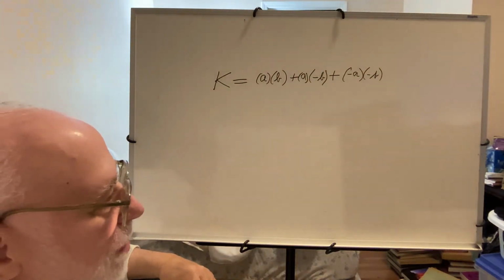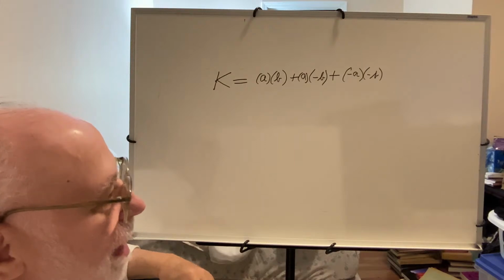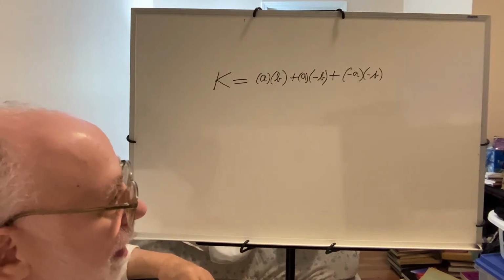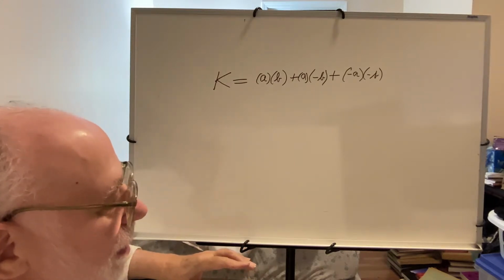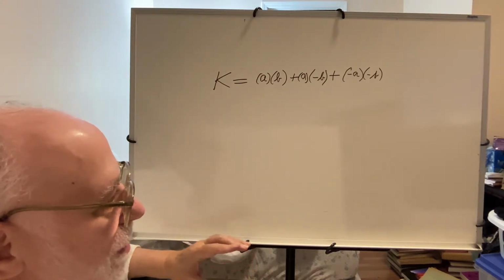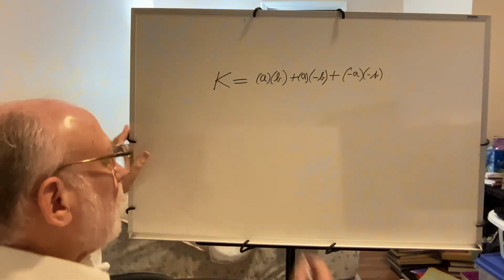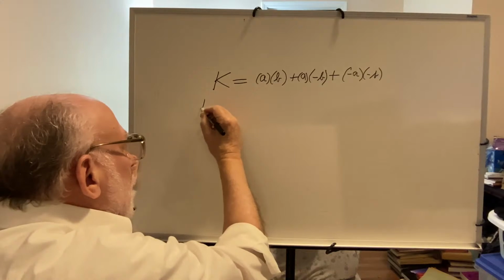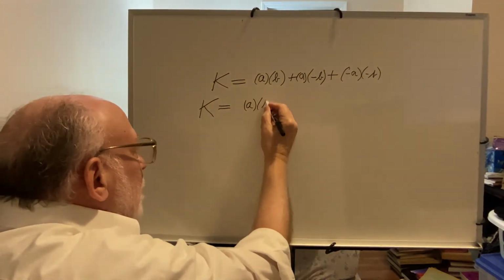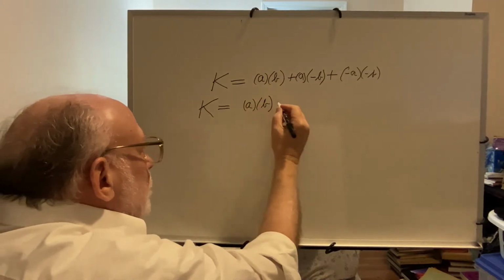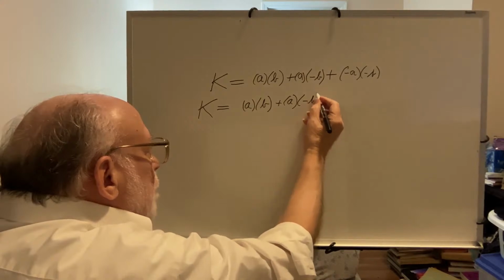Now, we do not add numbers 3 at a time. We can only add them 2 at a time. If you doubt that, try addition and see whether or not you can add 3 numbers at once. Anyway, we add the first 2, and this is your associative law of addition.